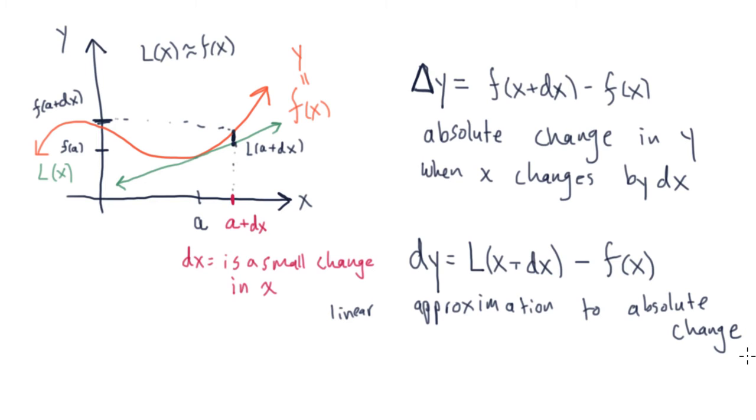Okay, but look at what L of x plus dx is. So what is L of x plus dx? Well, remember that L of x was just the tangent line, f prime of x at x equals a.